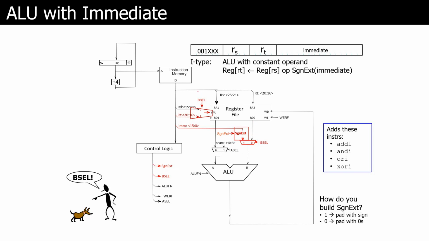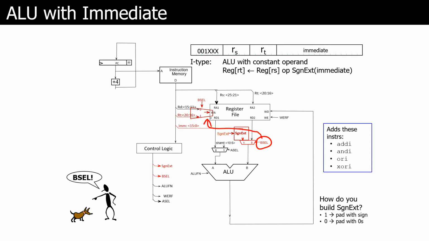And note that we have one other place that we have to change because of the immediate, and that is our write address. So previously we were always writing to RD, our destination, but if you look at this instruction, it doesn't have a RD field since it only has 2 registers. In this case, RT is the one that is going to be written to, and what you're basically going to do is you have whatever value you took for bselect up here, and you send it up here.